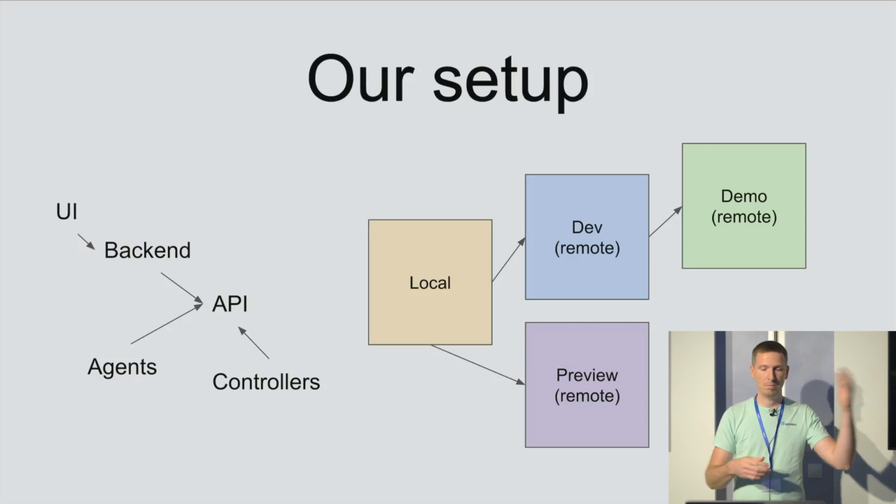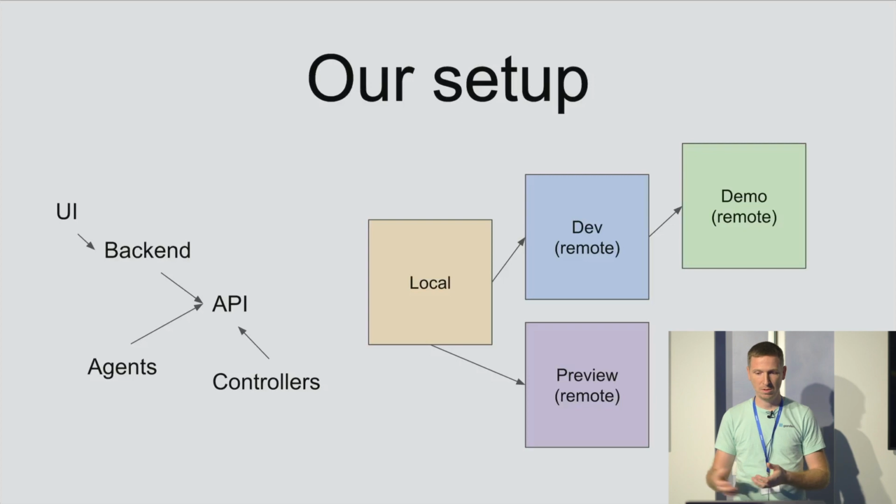So typically, mainline or main or master branch goes to dev, and a tag goes to a demo environment. But also it is very important, as we would like to produce environments, protected environments for preview. That should be easy as well.